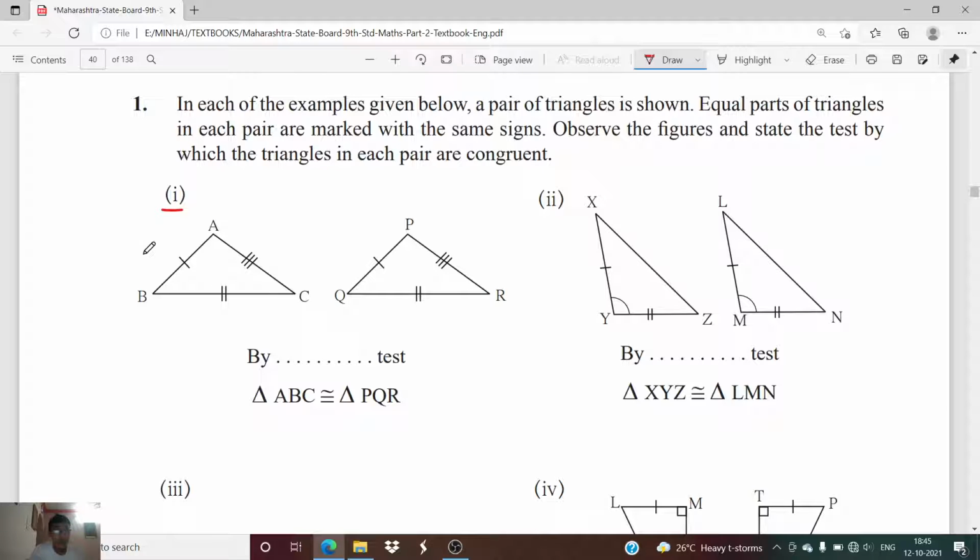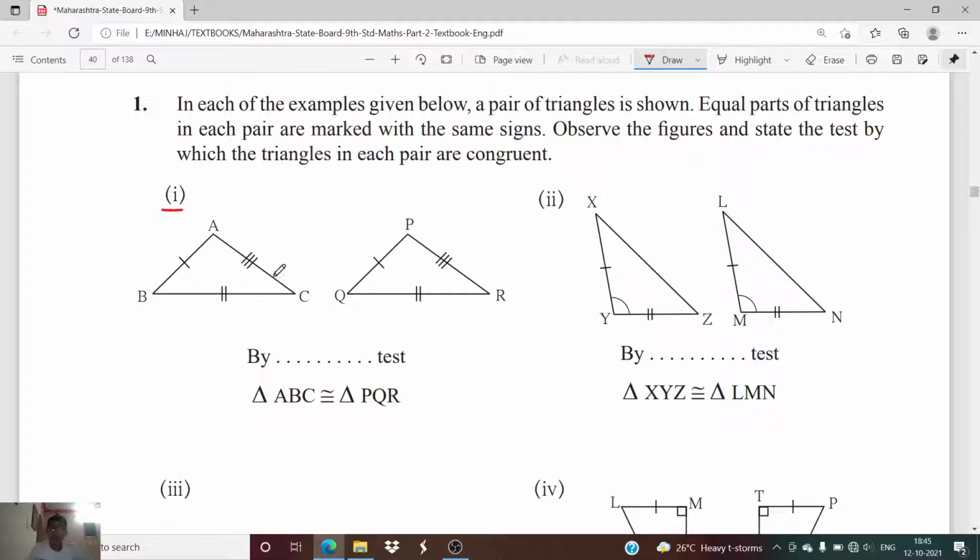For sub question 1 you will see that side AB is equal to side PQ, side BC is equal to side QR, and side AC is equal to side PR. That means all three sides of both the triangles, the corresponding sides, are congruent to each other.